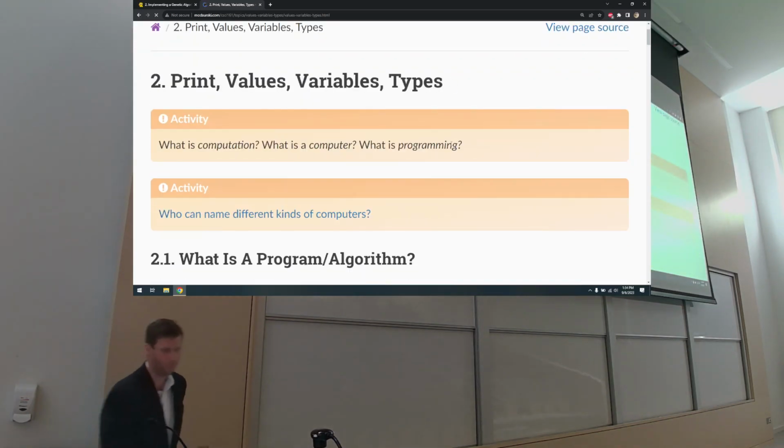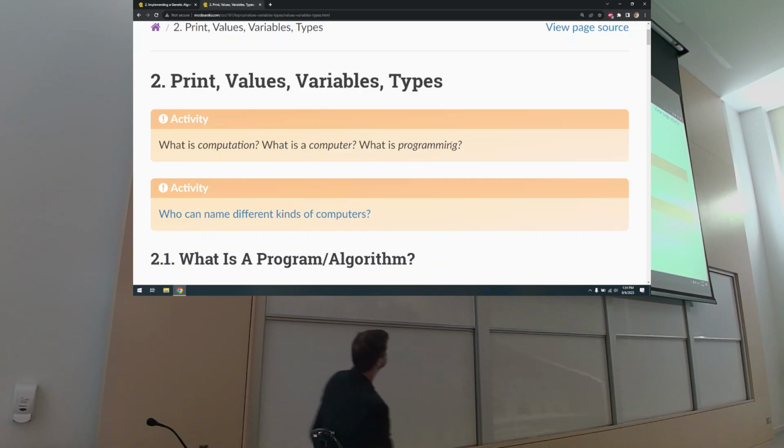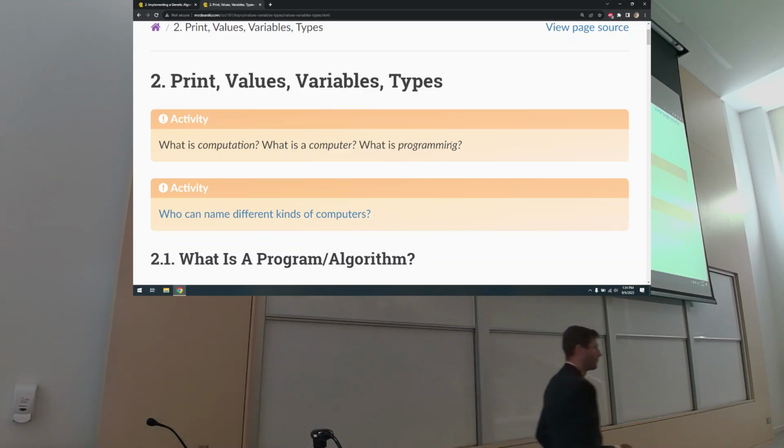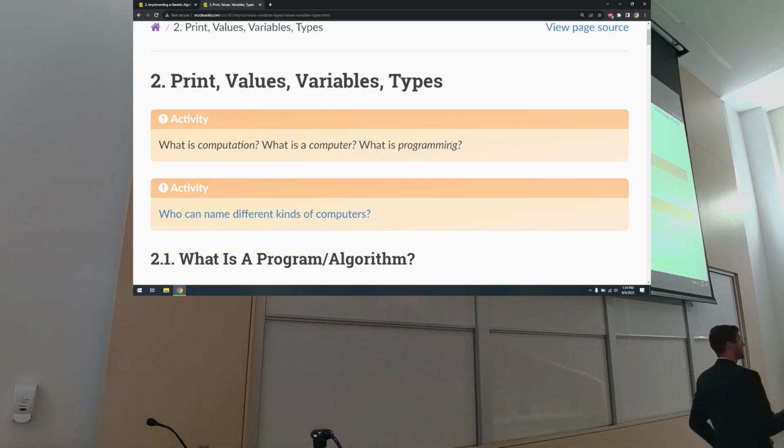So the next topic: print, values, variables, and types. Print, we've already seen. Print is a great way to output information. The way it was being output was to a screen so a human could read it. But then we have values. Values are going to be things like 7, right? Or the phrase, hello world, is a value.